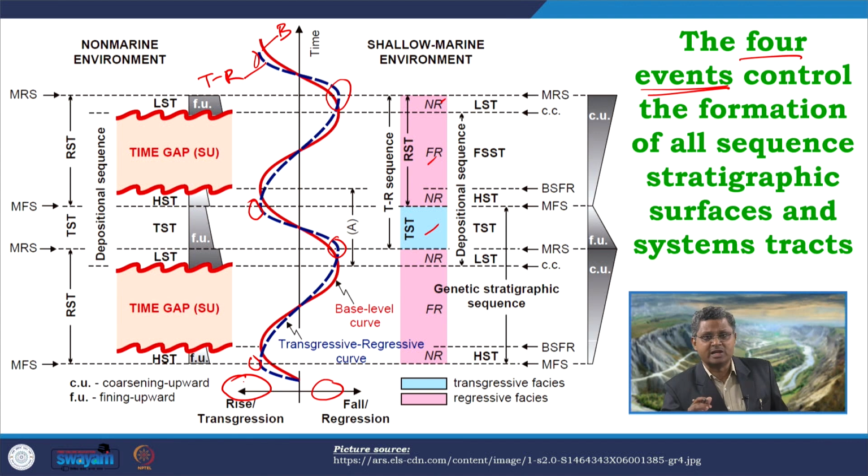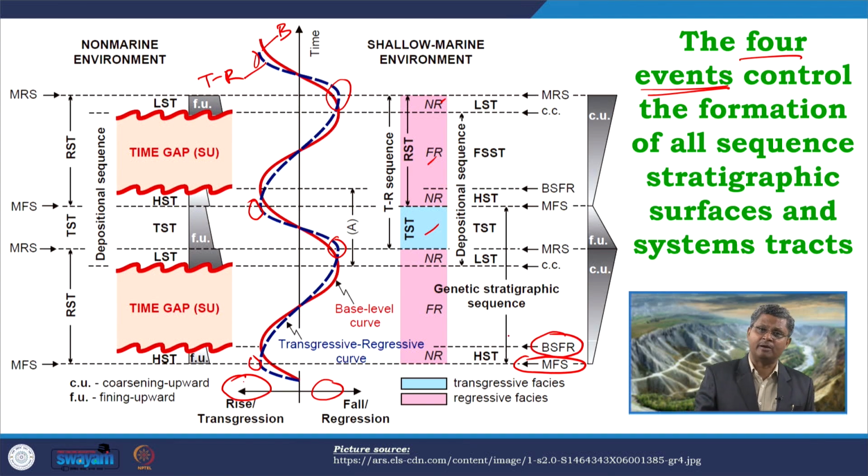and those 4 major events lead to identification of the major boundaries. The first one is the end of transgression and start of regression. We identify that as the maximum flooding surface. The second major event is the onset of the forced regression, end of the normal regression. We identify that one as the BSFR, basal surface of forced regression.